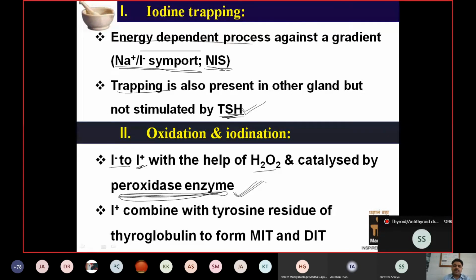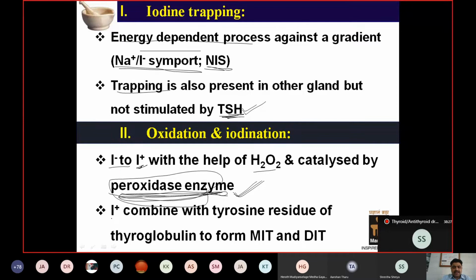The drugs we use in hyperthyroidism, when there is more thyroid hormone and we want to decrease the concentration, are antithyroid drugs, and they inhibit this enzyme. We will talk about that in the antithyroid drugs. Anyway, this is catalyzed by peroxidase enzyme.